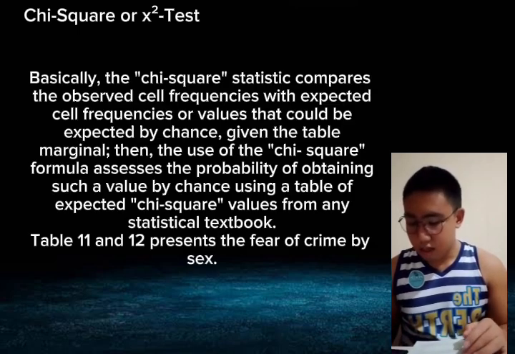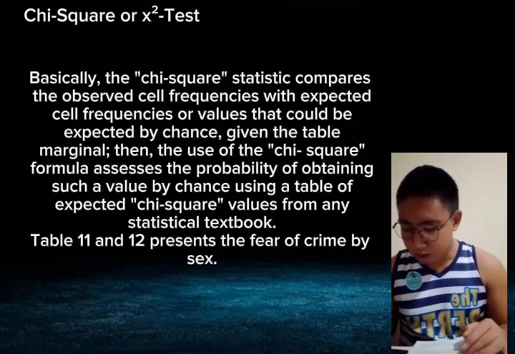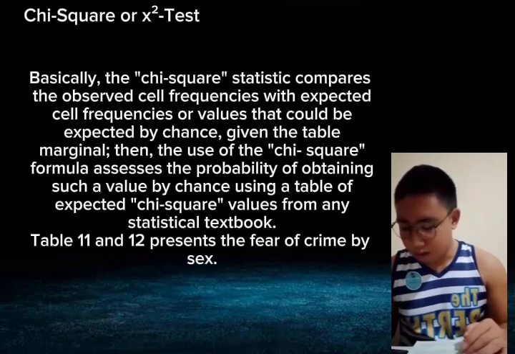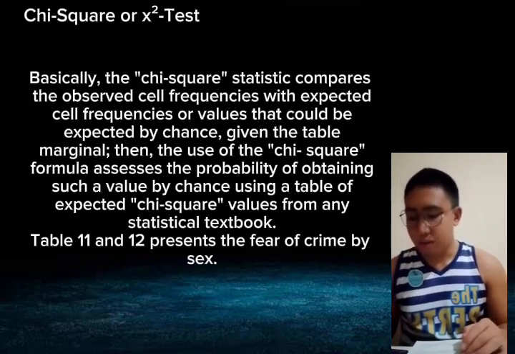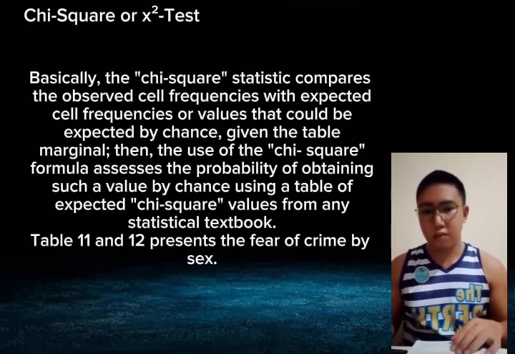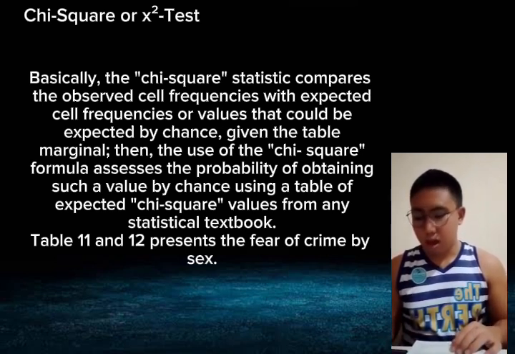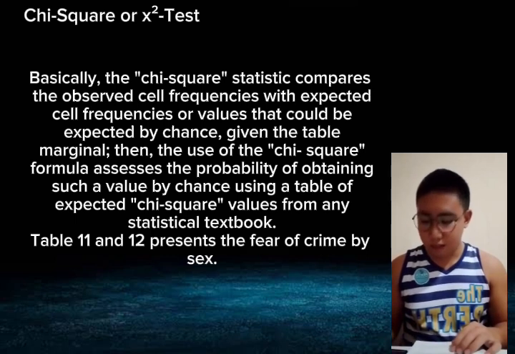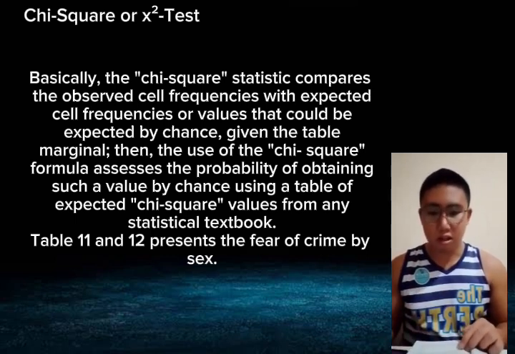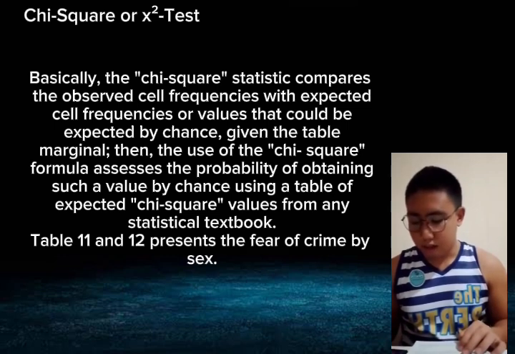The chi-square statistic compares the observed cell frequencies with the expected cell frequencies, or values that could be expected by chance. The observed cell frequencies are the ones that we actually know, and the expected frequencies are the results that the researchers expected.